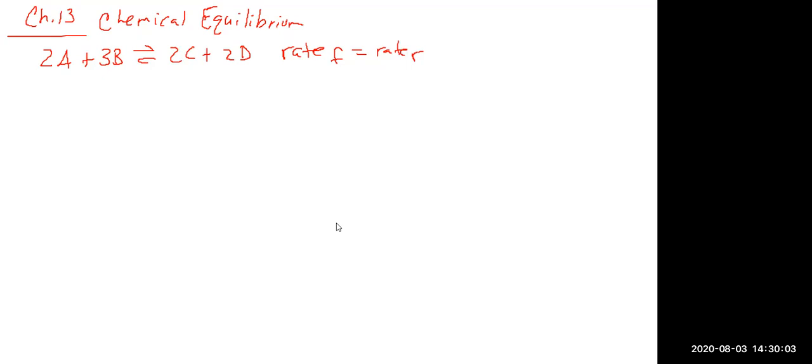That's important because we're not talking about everybody ending up with the same concentration on each side. It just means, as we mentioned in the kinetics chapter, that as fast as they go to the product side, they will just as quickly go back to the reactant side.